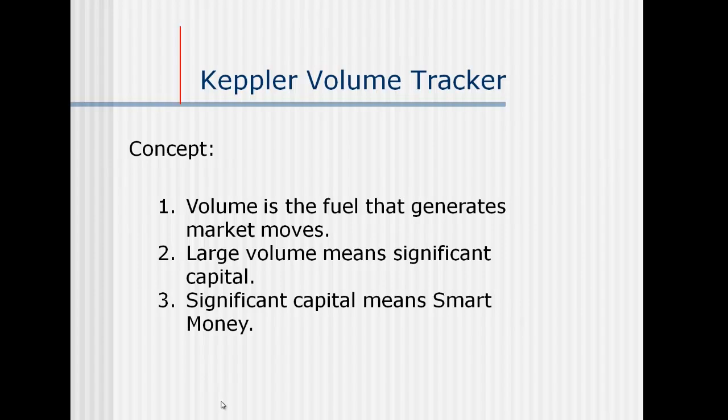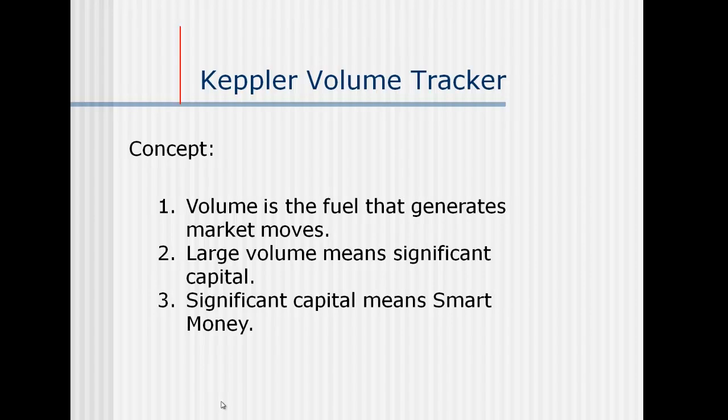Large volume means significant capital. So for someone or a group of participants to come in with heavy volume, it means that they have a large amount of capital behind that volume. So significant capital in turn means smart money.